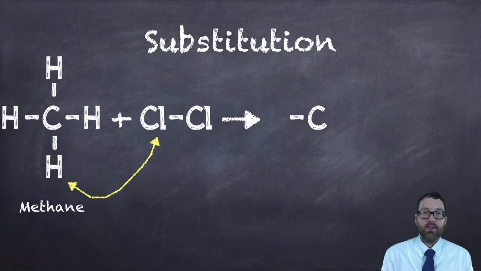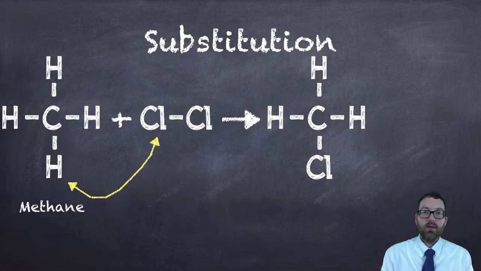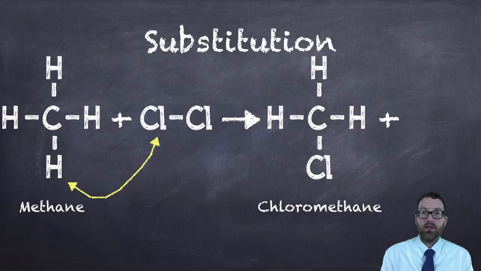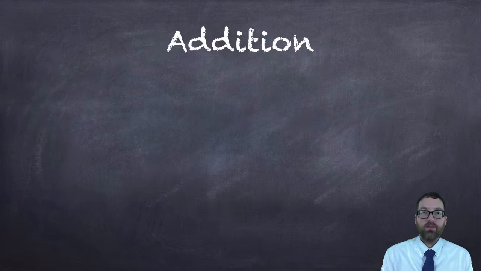So I'm going to make a molecule of CH3Cl, which is called chloromethane. The hydrogen which left is going to partner up with the chlorine, because chlorine doesn't want to be by itself, and I'm going to make HCl, or hydrochloric acid. So I've simply substituted one of the hydrogens for one of the halogens.